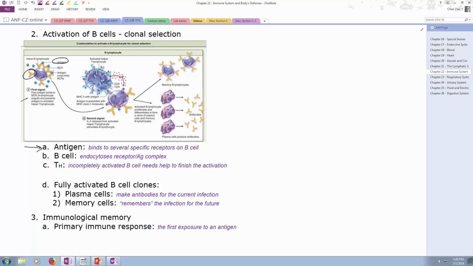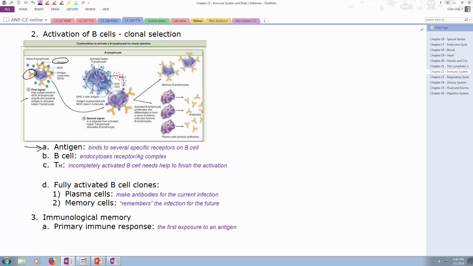And what's interesting about this picture is that antigen is not being presented to the B cell, is it? T cells have to have presentation, where B cells, because they're also APCs, antigen presenting cells, don't have to have a presenter cell to them because they're a presenter cell.